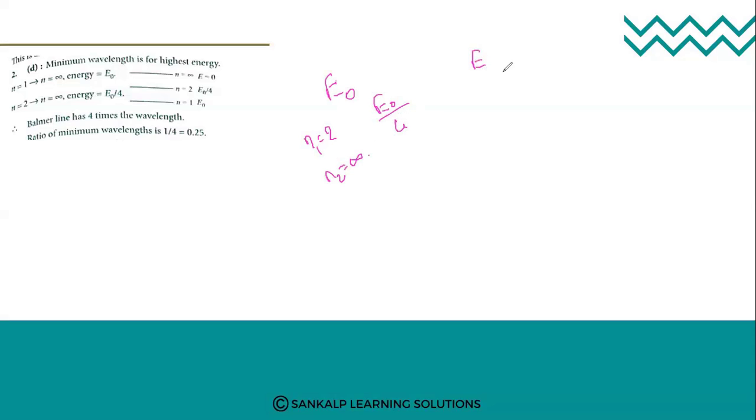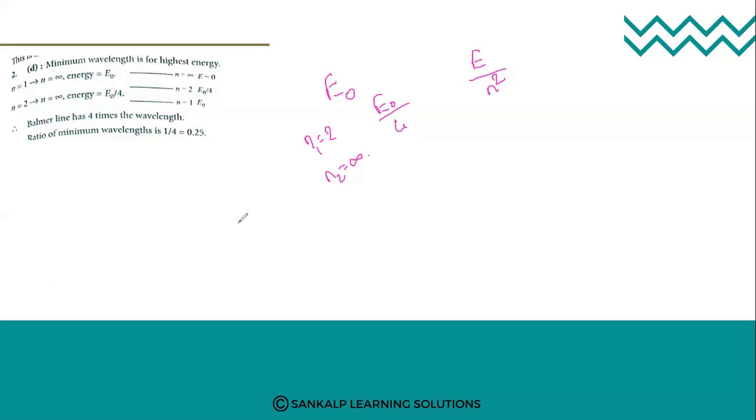The formula, hope you know, is E divided by n square. Here E naught is considered as the energy in the question. So n square means here in the above case it is 1 square, here it is 2 square, that will be 4. Right. So the Balmer series has 4 times the wavelength.